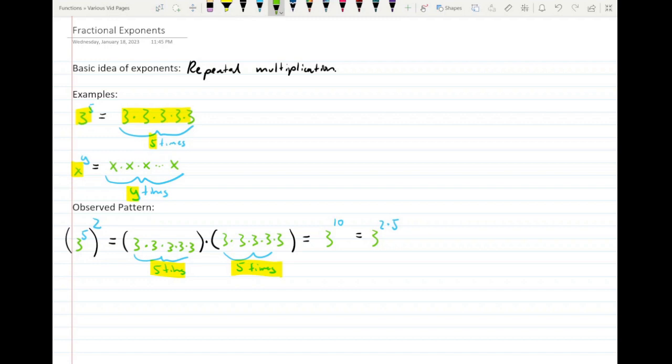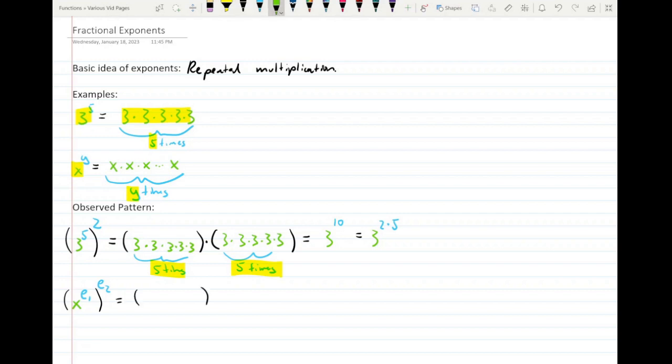And this is true in general. If we take any base we want, we'll call it x, first raise it to one exponent that's a positive whole number, and another exponent that's a positive whole number.